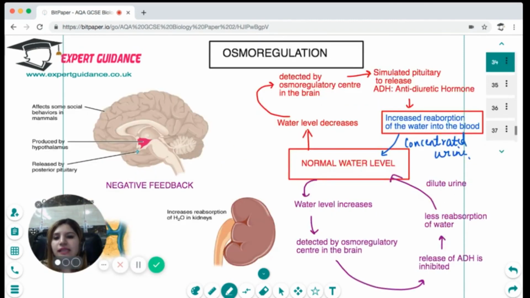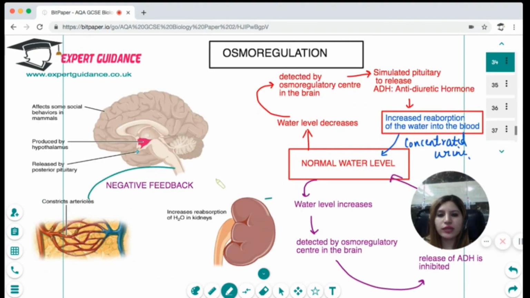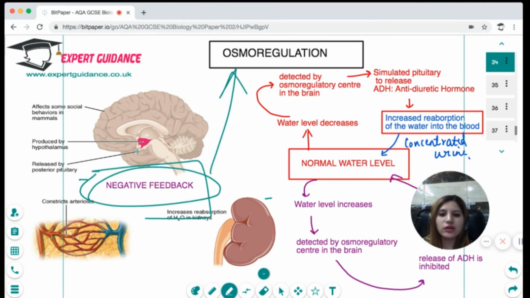Now let us see how the body regulates the water level. The regulation of water level is known as osmoregulation, and it is also a negative feedback. It involves the release of a very important hormone called antidiuretic hormone by the pituitary.